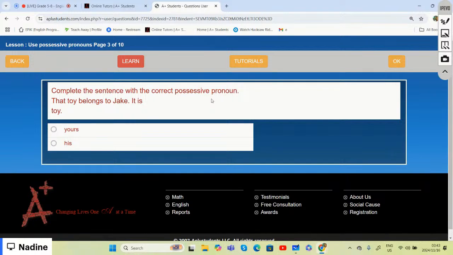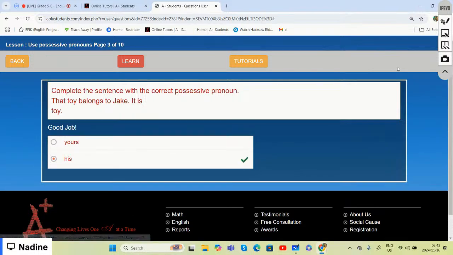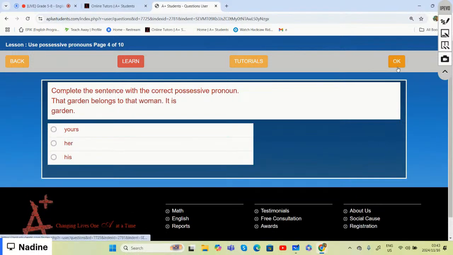Okay, if we want to say that toy belongs to Jake, then we can say option two. It is his toy, because Jake is a boy, right? So if something belongs to Jake, who is a boy, then we say it is his toy. Well done.